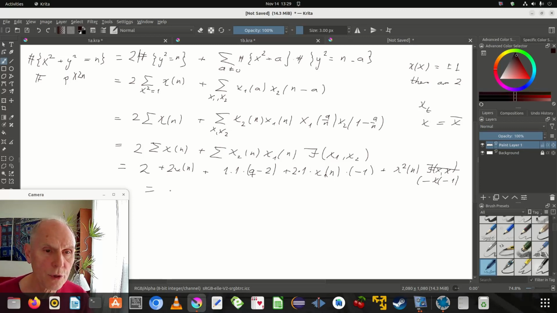Let's reduce 2. This gives minus chi of n twice, so they cancel. Plus q minus 2. Chi of n squared is unity. It's minus chi of minus 1.